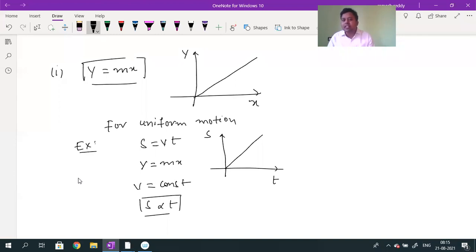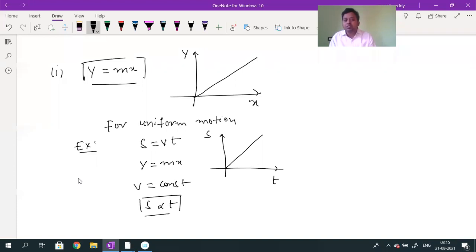If you know that, it is enough. In detail regarding the graph, you will come to know in coordinate geometry. Now it is not necessary for us. You concentrate on what are the points needed. So y is equal to mx is the equation for the straight line which is passing through origin.